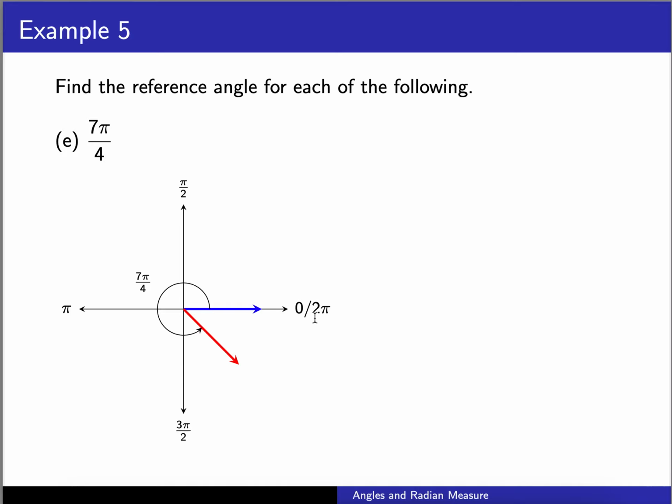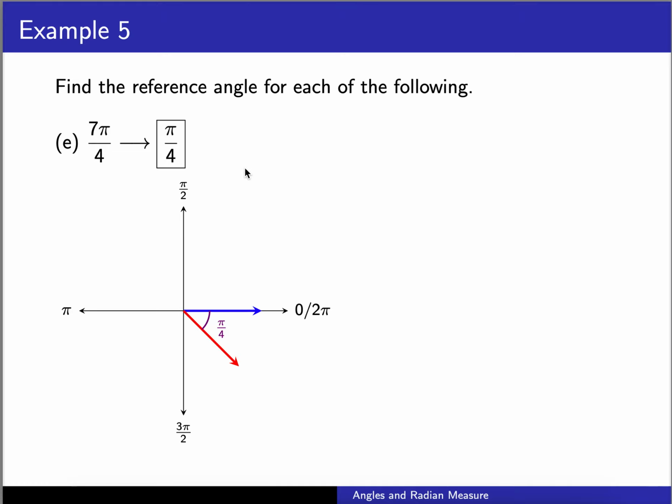And the difference between 2 pi and 7 pi over 4 is pi over 4. If you convert 7 pi over 4 to degrees, it is 315 degrees. So the difference between 360 and 315 degrees is 45 degrees, which in radians is pi over 4. And that is our reference angle for 7 pi over 4.